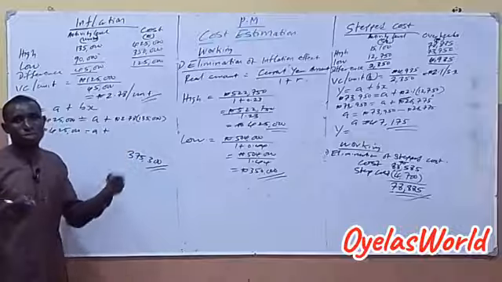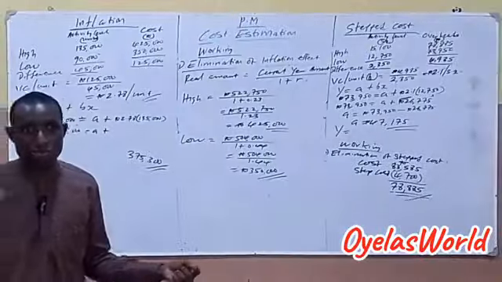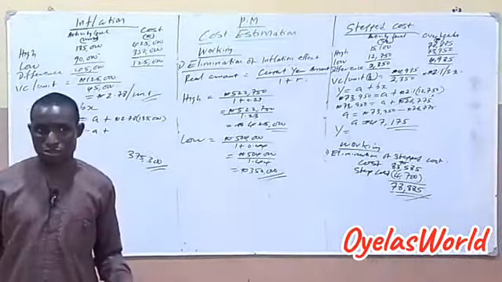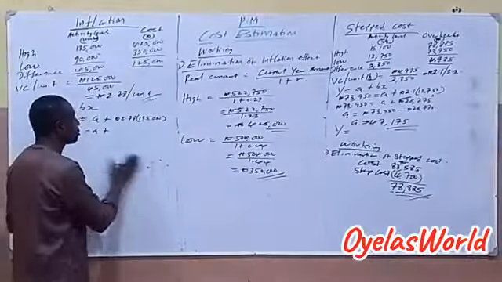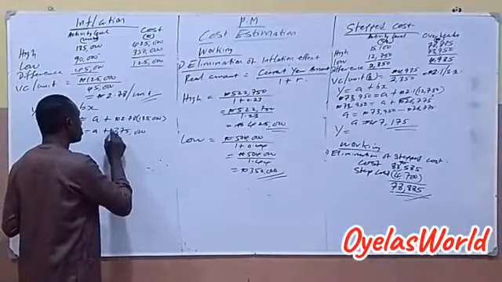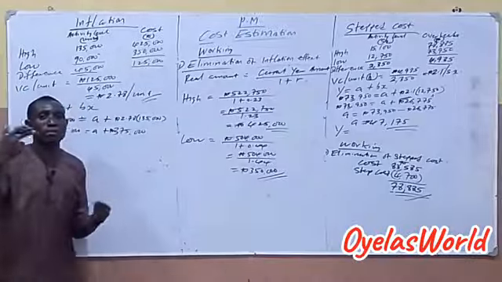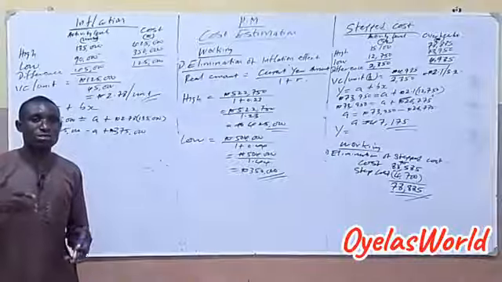It gives you the exact figure without the effect of approximation. You get 375,000. That's why I said sometimes you use 4 decimal places. If you use 4 decimal places, it will reduce that problem.